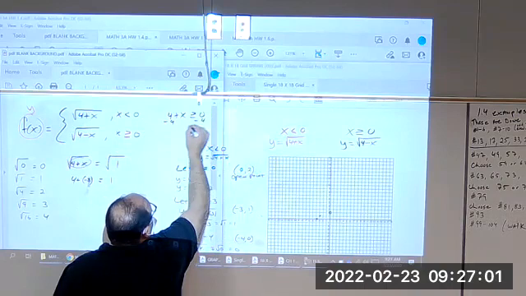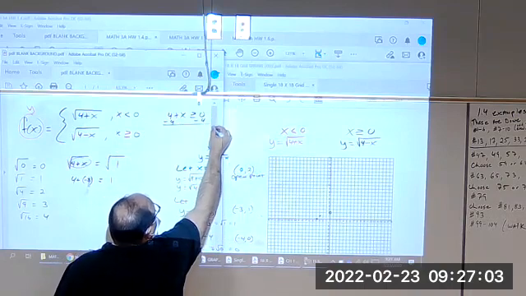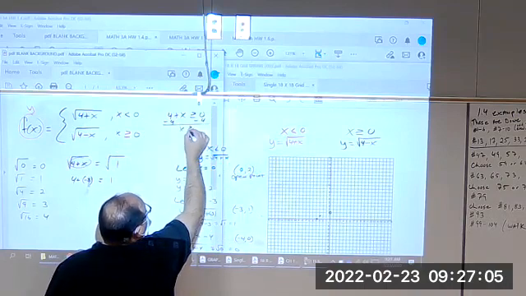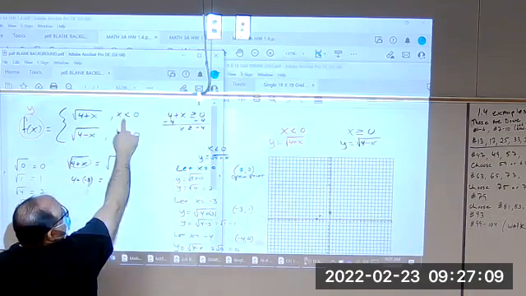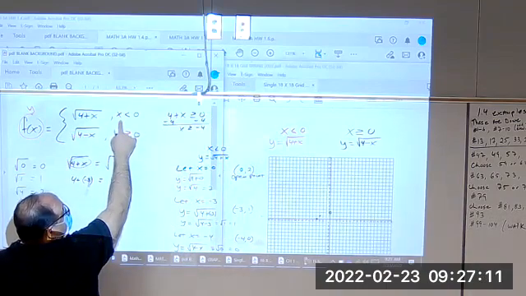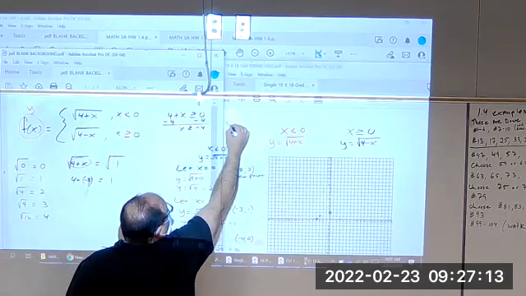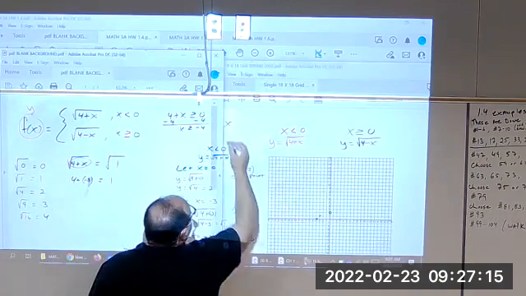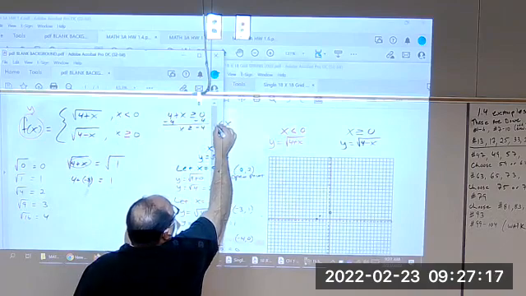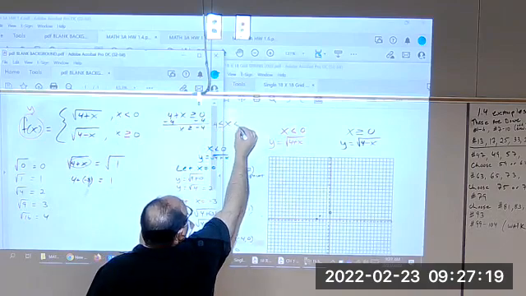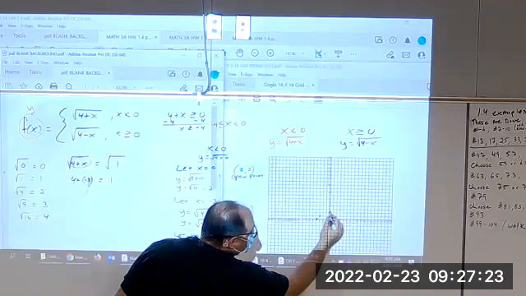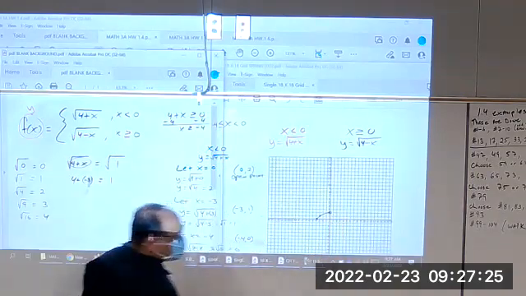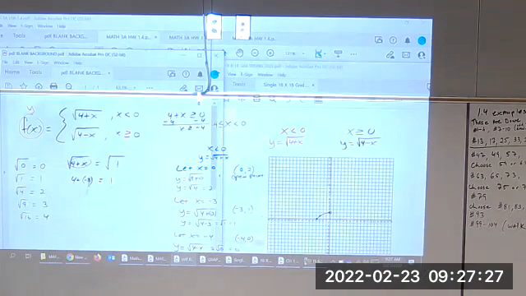Subtract 4, you can only plug in x's that are greater than or equal to -4 into this. And because it's also got to be less than 0, you can only plug in x's here that are greater than or equal to -4, but less than 0. It stays between here and here. In other words, like that. That's the left-hand side.